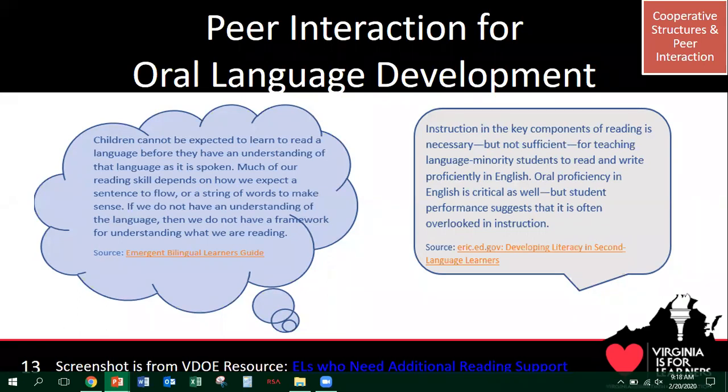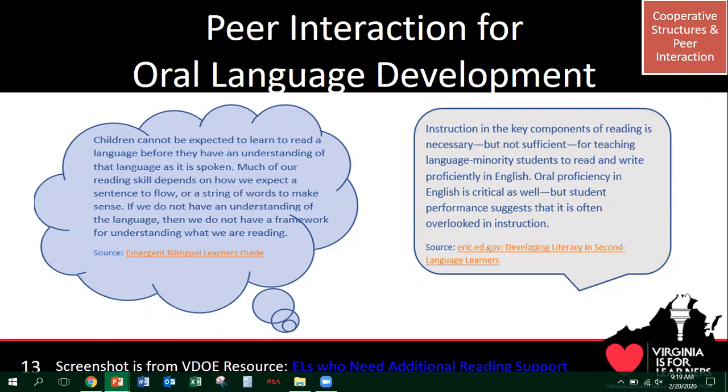We also want to think about the way students, if they are exposed to a student who has a higher language proficiency, they become a language model, and that will continue to support the growth, the complexity of the language the students are using.